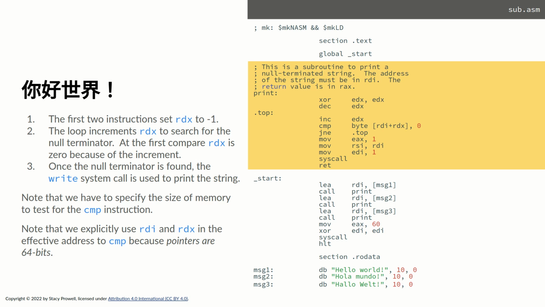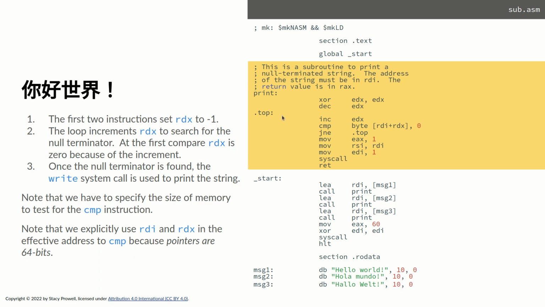But that's okay. EDX will hold -1. This is a fast way of putting -1 in EDX. It uses fewer bytes than if I had used a 4-byte -1 literal. Just a weird assemblyism.